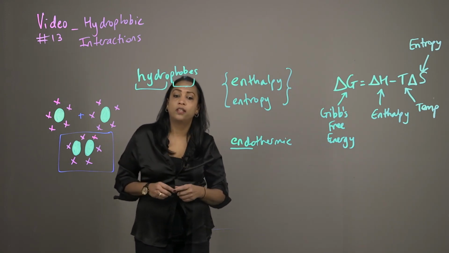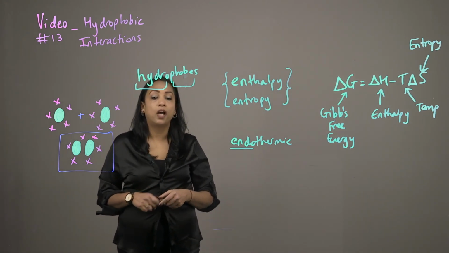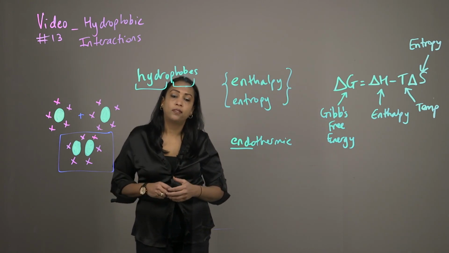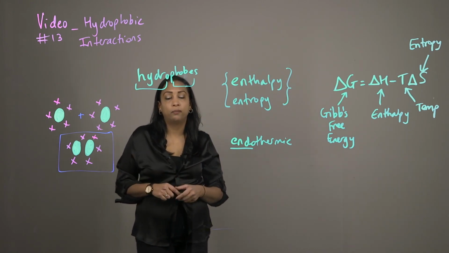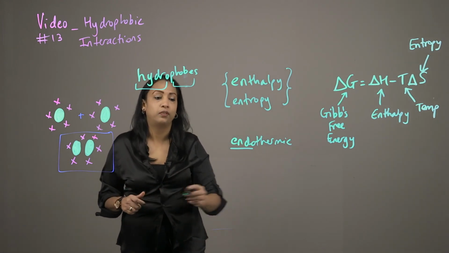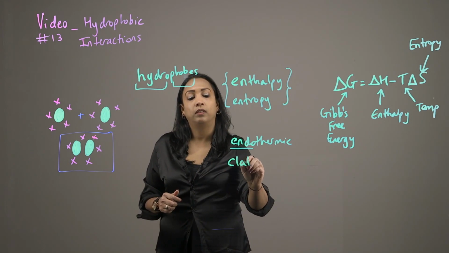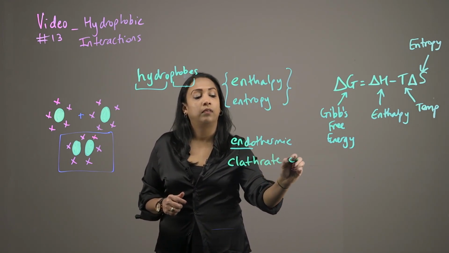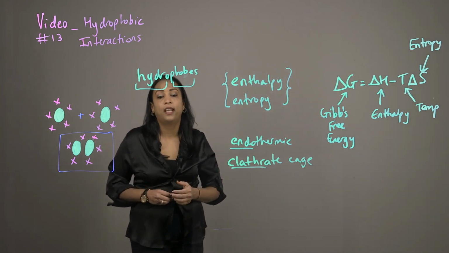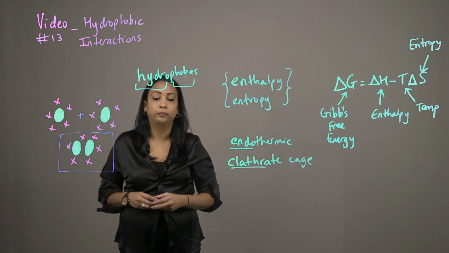Water molecules that are distorted by the presence of the hydrophobe will now make new hydrogen bonds, and these may compensate for the previous ones broken before. This results in something called a clathrate, which is an ice-like cage structure. So a clathrate cage is basically formed around the hydrophobe.